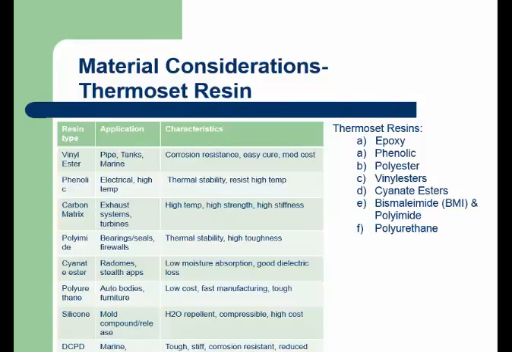Typically, all of these have a high temperature resistance and typically low viscosities. When you first start, the base components have low viscosities before they start cross-linking, so it's fairly easy to wet out fibers with this.